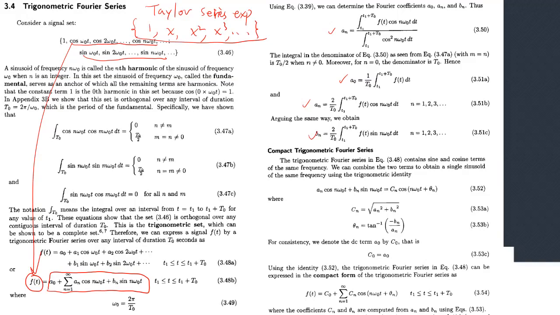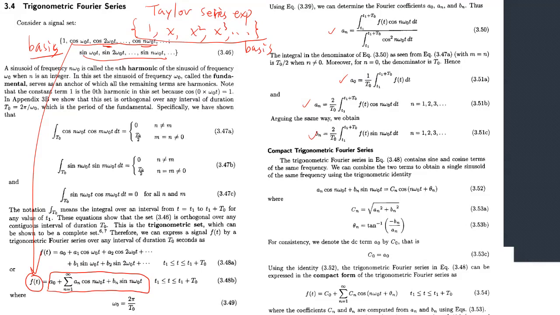The sine and cosine with different frequencies is also a basis. Okay, this is called a polynomial basis. And this is called a trigonometric, harmonics basis.